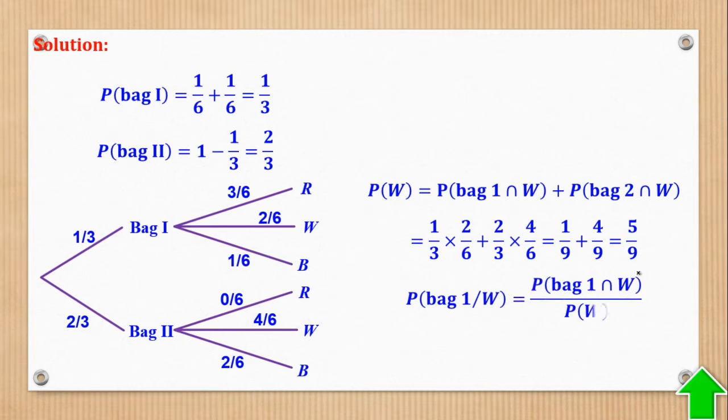And the probability they want is the probability of bag 1 given that it was white. So the numerator will be the intersection and the denominator will be what has already occurred. This intersection, you already saw it here, which is this, and it was simplified to this. That is why you see 1 over 9 here. Then for W, it is here, that's why you see it there. So in the end we come up with 1 over 5 as the required answer.